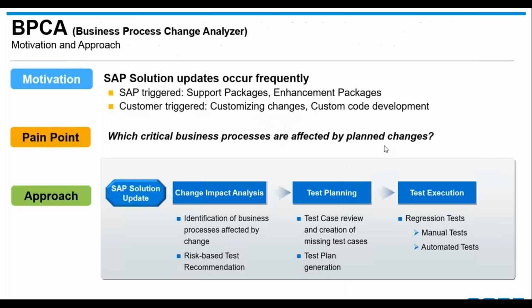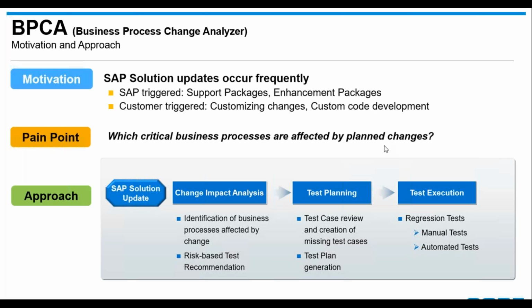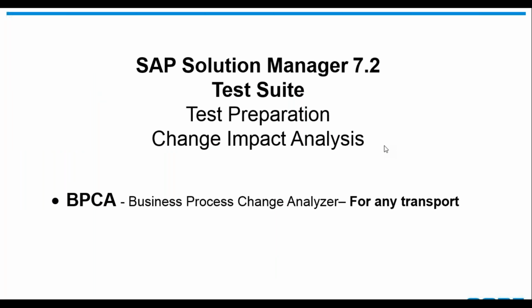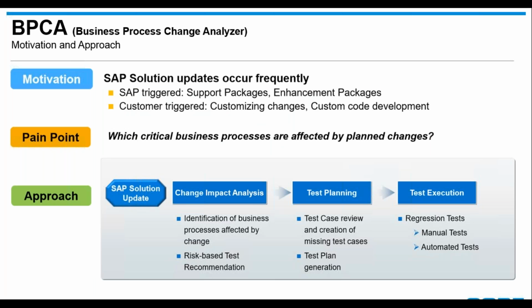Okay, thanks, Tony. So now we're going into BPCA. BPCA is Business Process Change Analyzer. This is what you use after an enhancement pack or just on normal business that you're doing, minor changes, custom code changes. It's very similar to Scope and Effort Analyzer, so I won't go through this in a lot of detail.